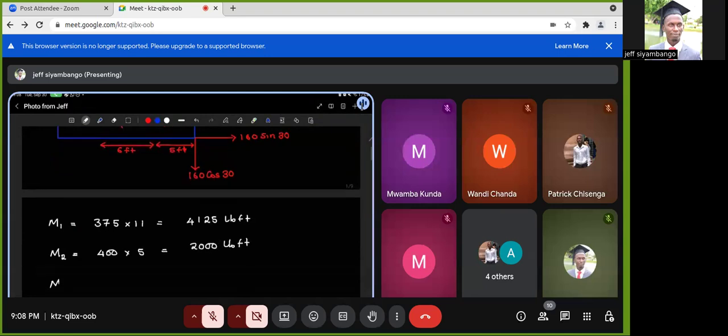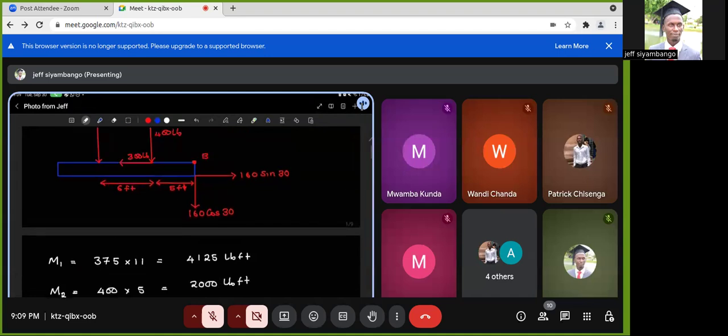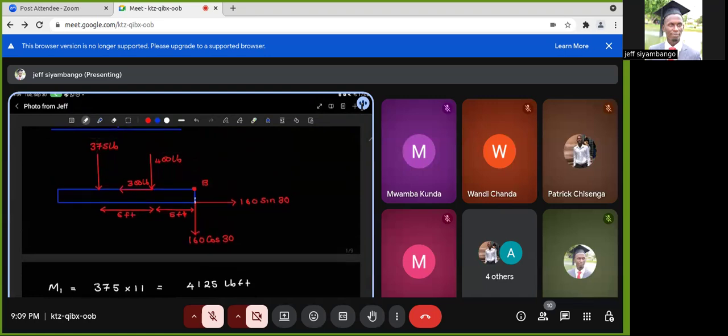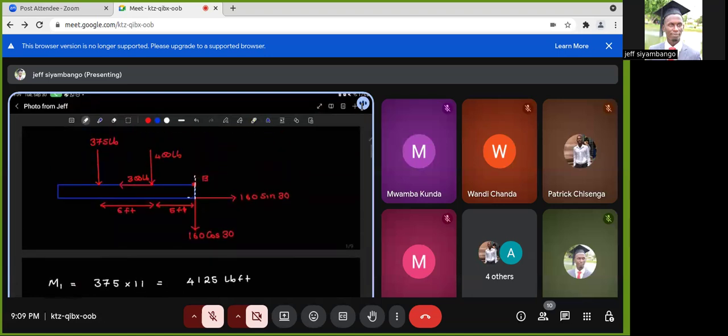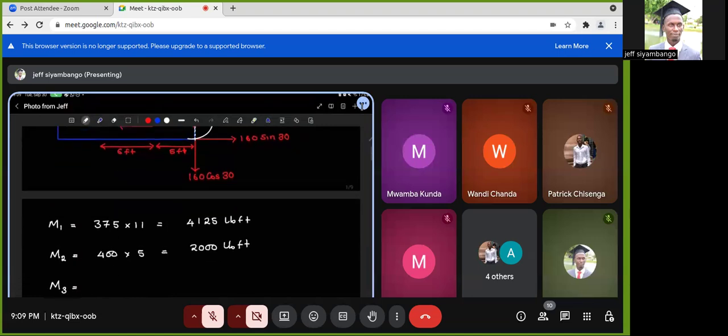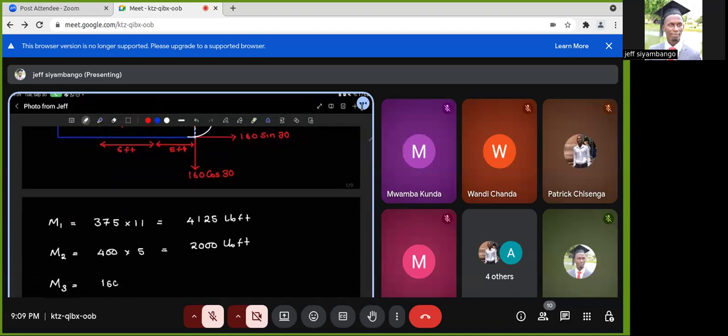Next, go to F3 moment. F3 now, you see that the line of action of the vertical force passes through B. Based on this, the vertical component of F3 will not create a moment about B. The horizontal component will also represent an anti-clockwise moment, so it will be positive.